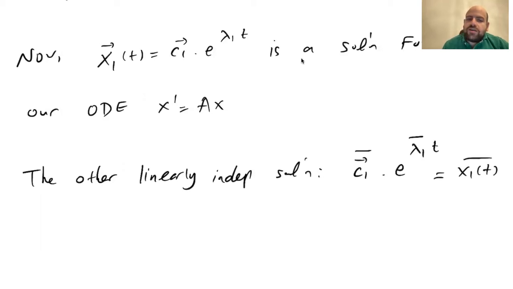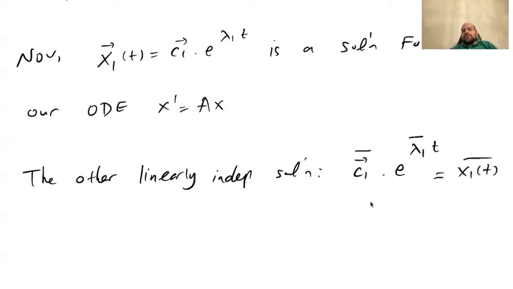If you have one of the solutions, then the other solution can be written this way, because we just saw that if C1 is an eigenvector, then C1 bar is also an eigenvector corresponding to the eigenvalue lambda 1 bar.